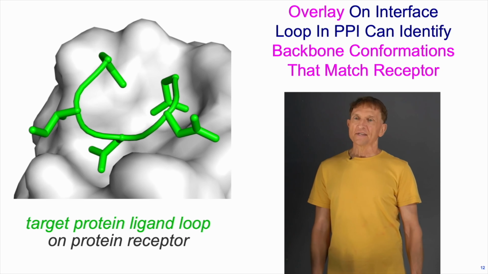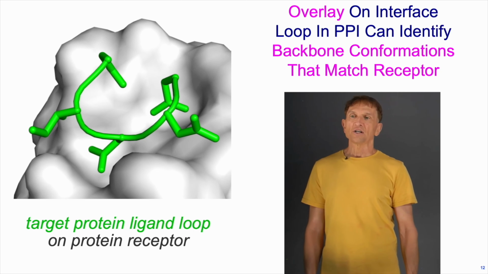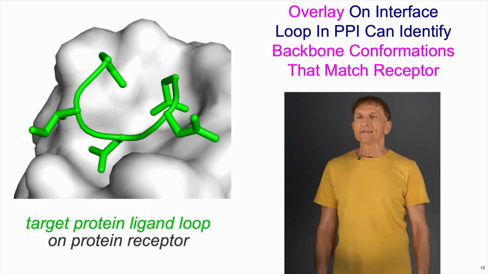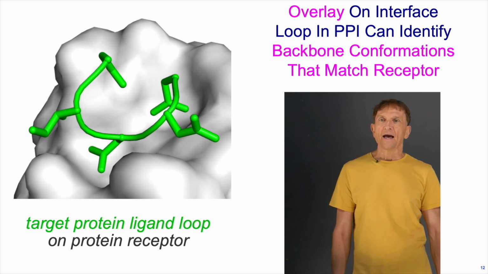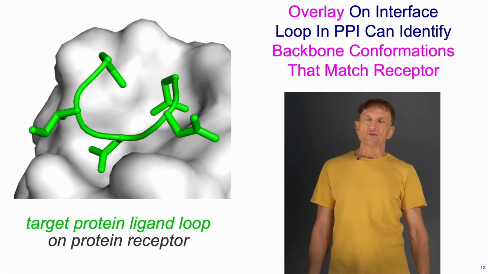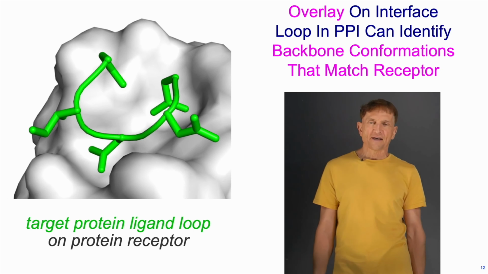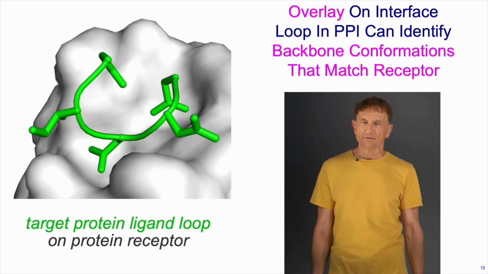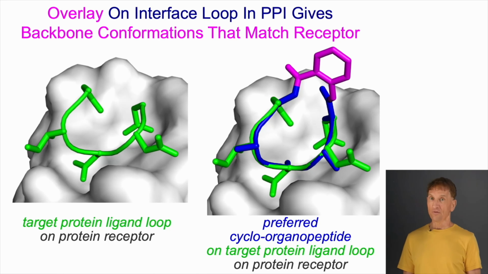Let's say this is, in green, the target protein ligand loop. That's the interface loop that we want to mimic, and we're going to overlay systematically all the low energy conformations that we find for all the ring sizes using all the organic fragments. But if we find one that overlays well, then it tells us the target backbone to make.